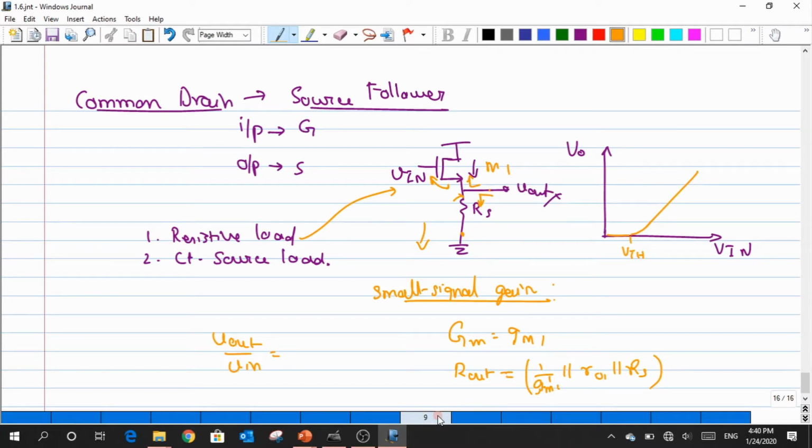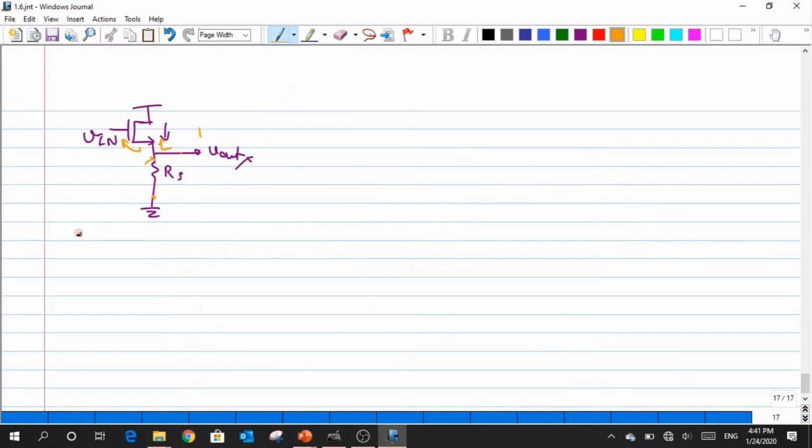But rather than going like this, I just now spoke about the impedance seen from the source terminal. Am I right? So I'll use that concept to build this expression. Whatever impedance I'm seeing towards the source is nothing but 1 by Gm in parallel with Gmb in parallel with Ro. Okay.